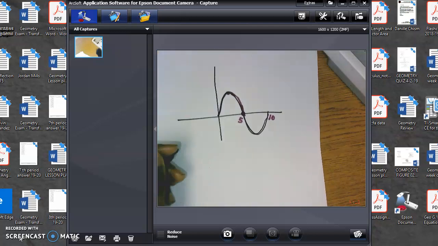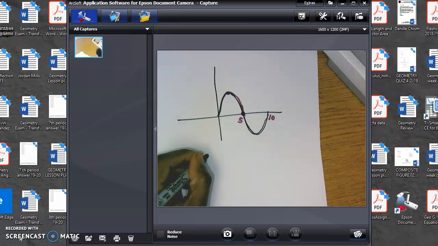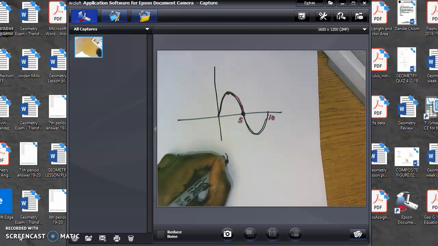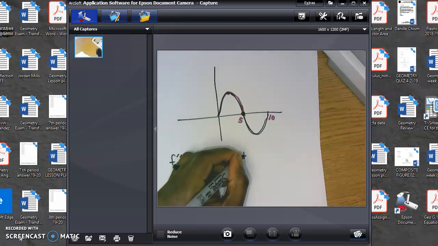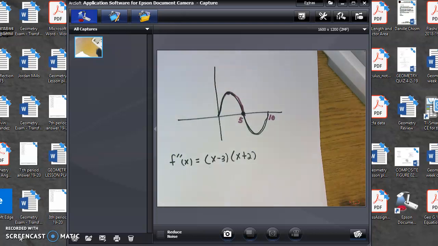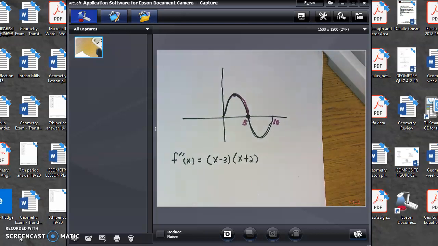Assume that I gave you the second derivative already, equal to (x - 3)(x + 3)... sorry, (x - 3)(x + 2). This is the second derivative already given to you, so you don't have to do any more work to get it. Now all we need to do is set it equal to 0, determine whether the second derivative is positive or negative, and see if we have any points of inflection.